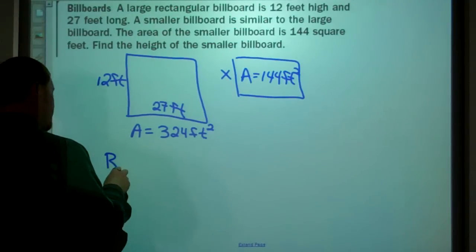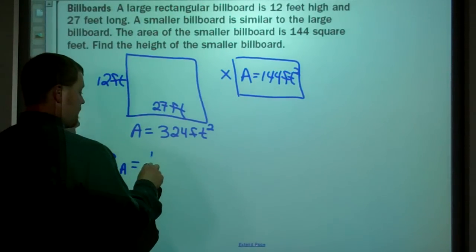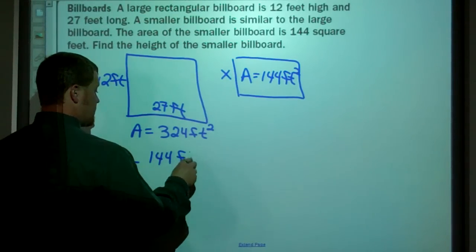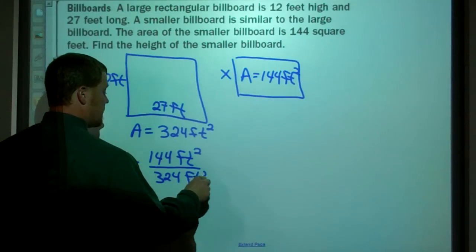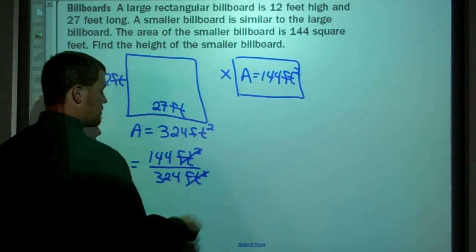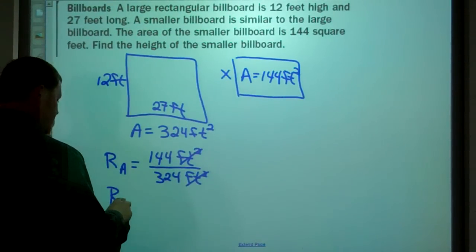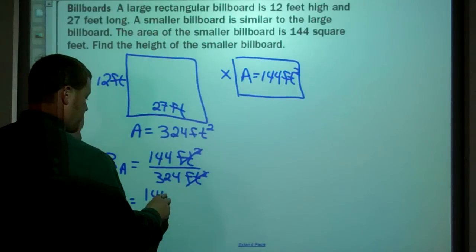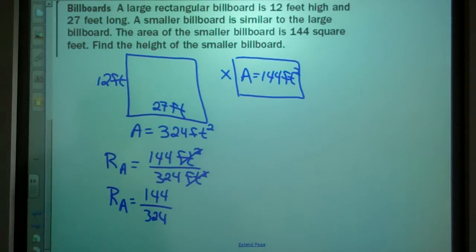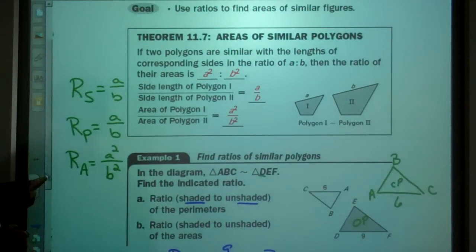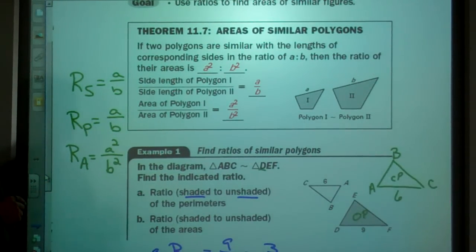The ratio of the areas is equal to 144 feet squared divided by 324 feet squared. Feet squared divided by feet squared, those cancel out. The ratio of the areas is 144 to 324. Now if you think about this, go back here. The ratio of the sides is A to B. The ratio of the areas is A squared to B squared.